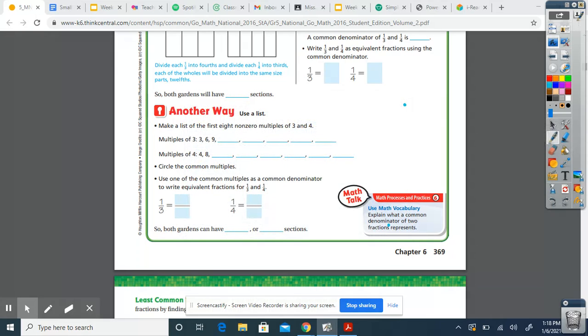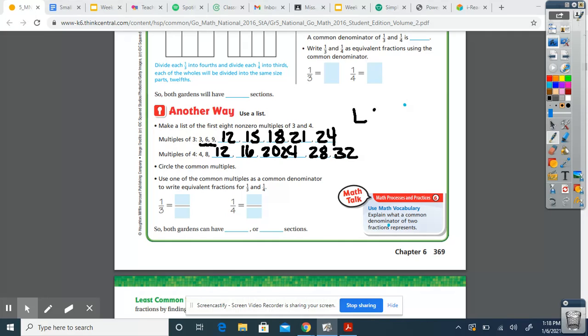Multiples of 3: 3, 6, 9, 12, 15, 18, 21, and then 24. Now we're going to list the multiples of 4: 4, 8, 12, 16, 20, 24, 28, and 32. So we need to circle the common multiples.